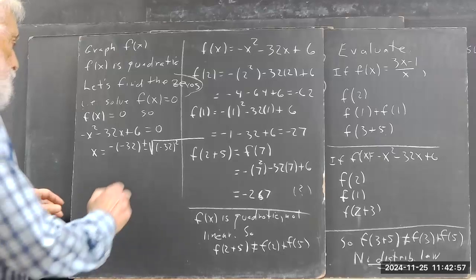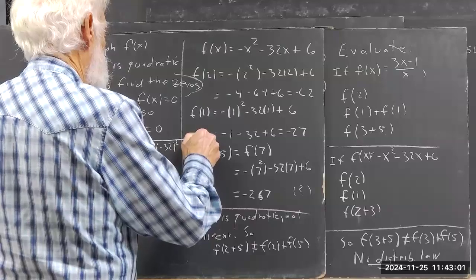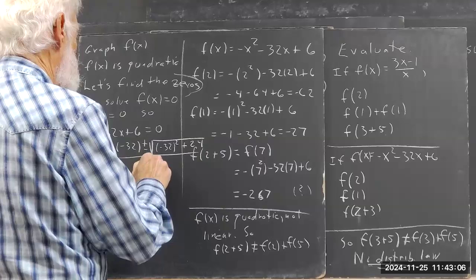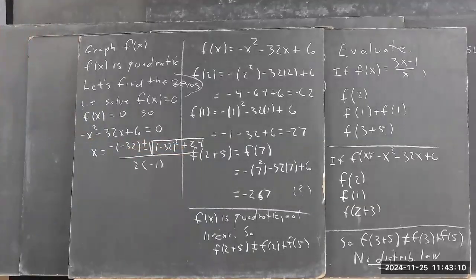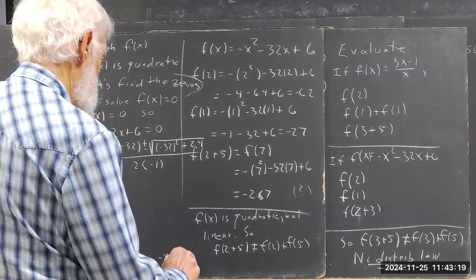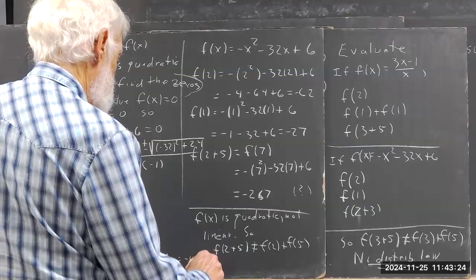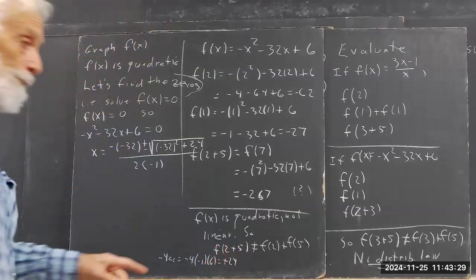Actually, not everybody did get it. You've got to be careful. Turns out it's plus 24, and some people had a minus 24. That's easy. If you do minus 4ac, let me just note it down here. Minus 4ac equals negative 4 times negative 1 times 6 equals plus 24, not negative 24.